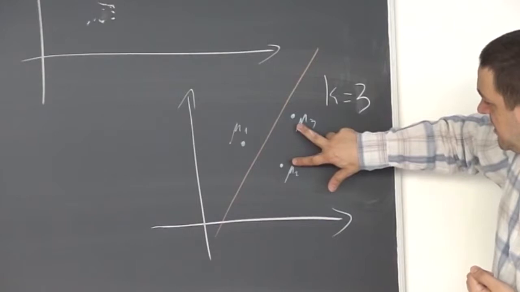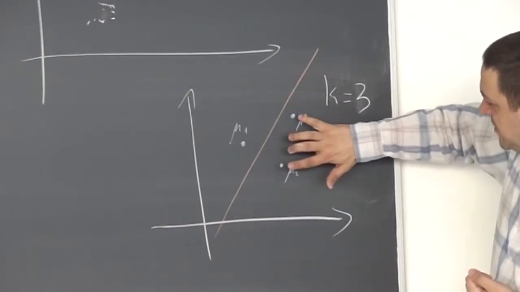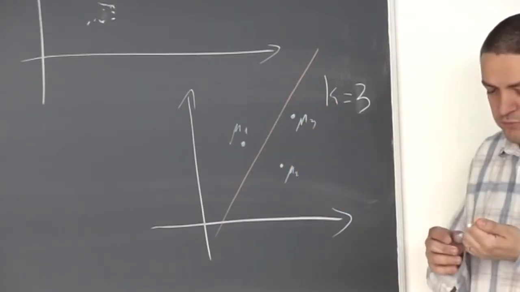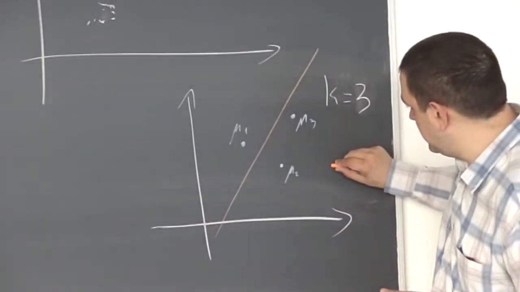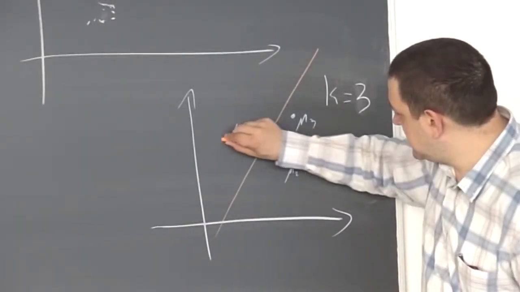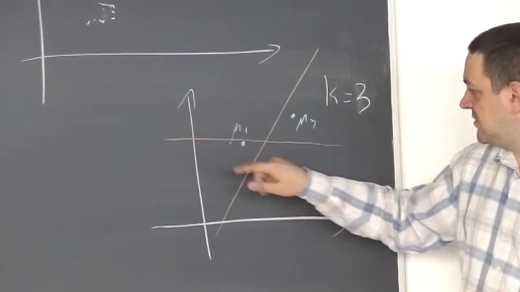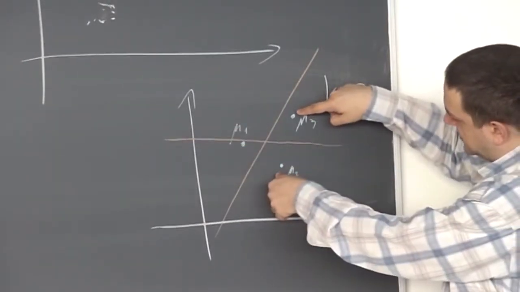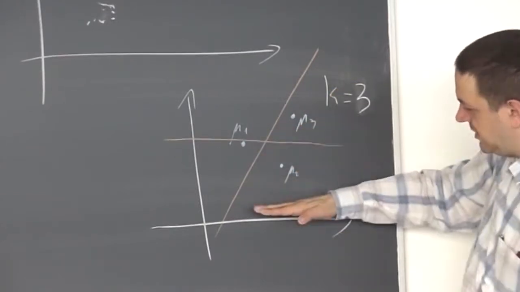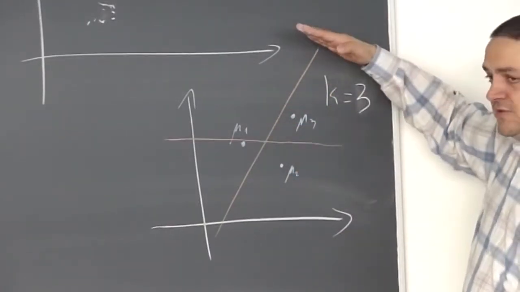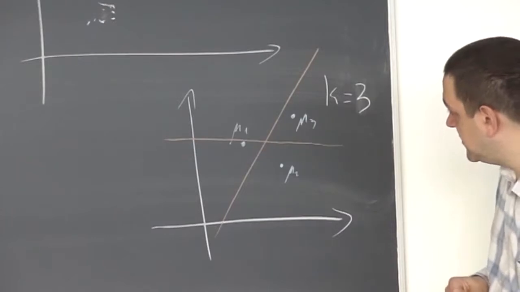We can do the same by deciding which points are closer to mu3 or mu2, and of course the separation is this line here. If mu1 did not exist, the set of points closer to mu2 would be below this line, the set of points closer to mu3 would be above this line.